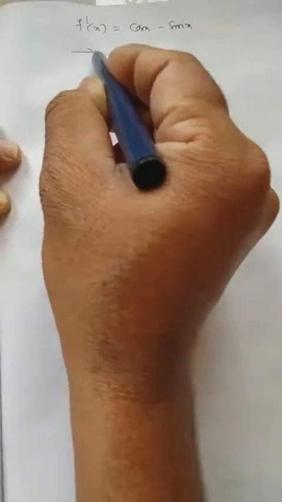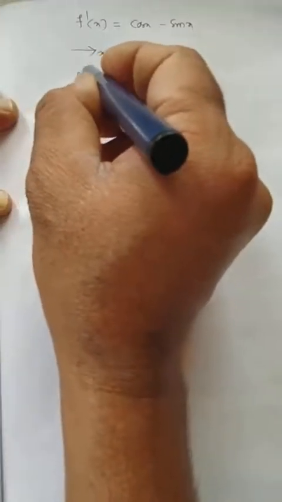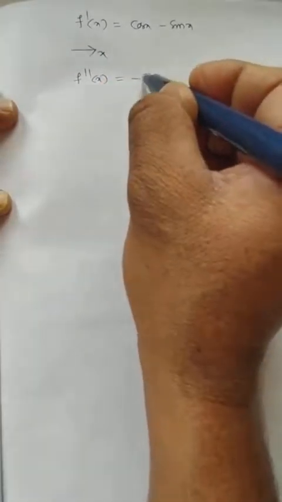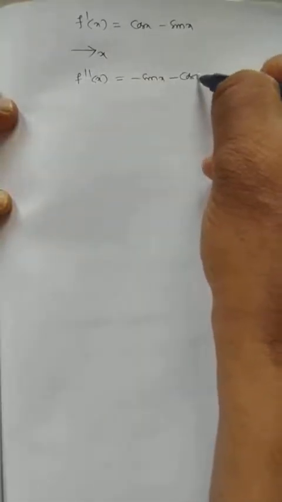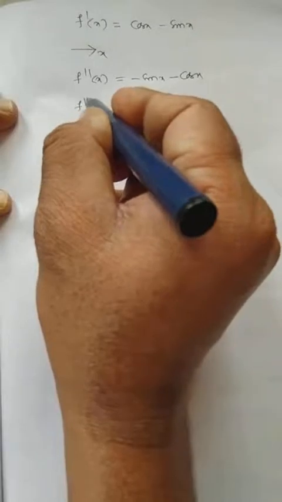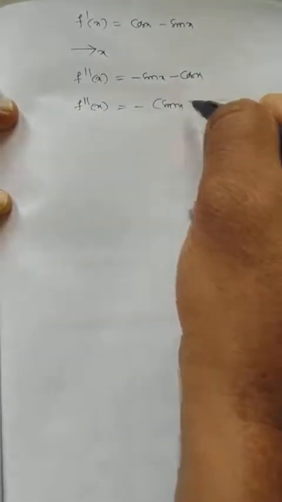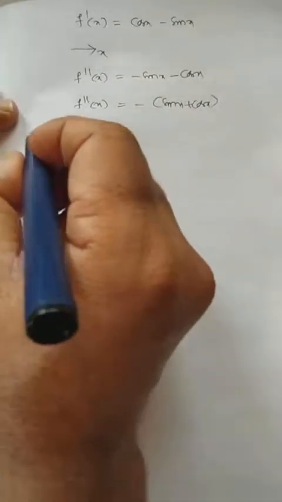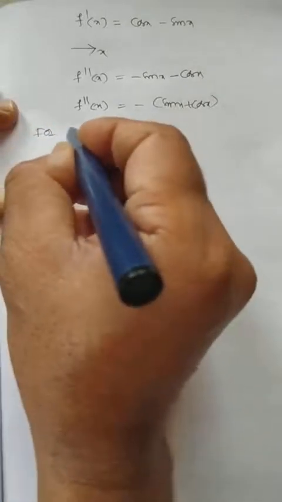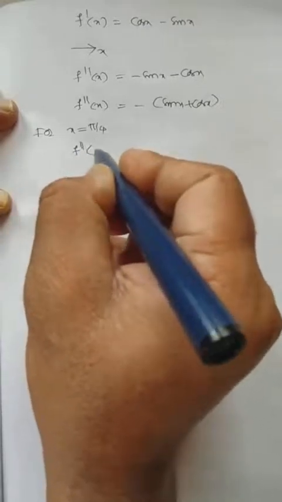Now differentiating f dash of x with respect to x on both sides, what do we get? F double dash of x: the derivative of cos x is minus sin x, and the derivative of minus sin x is minus cos x. So f double dash of x is minus of sin x plus cos x. For x equals pi by 4, what is f double dash of pi by 4?